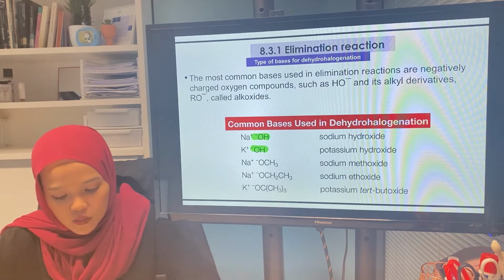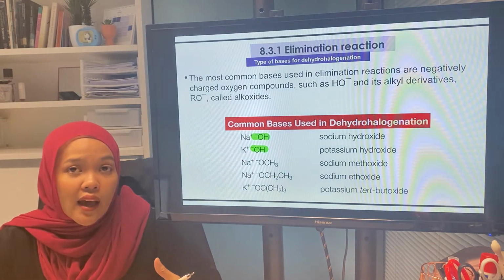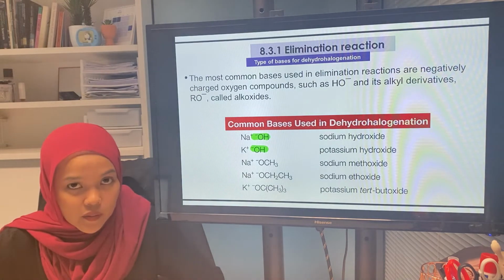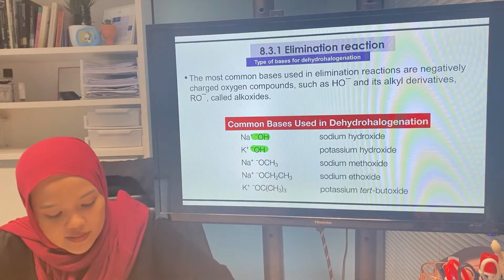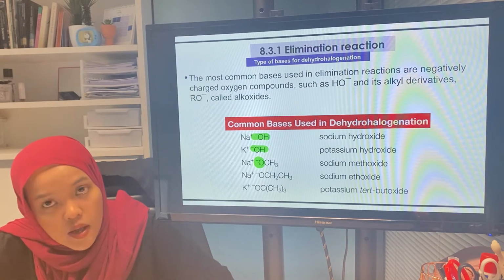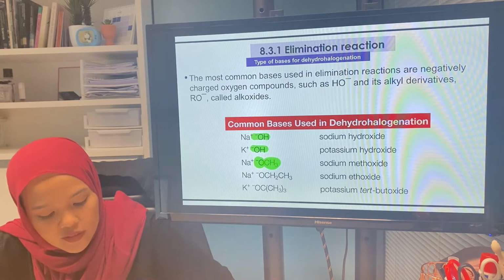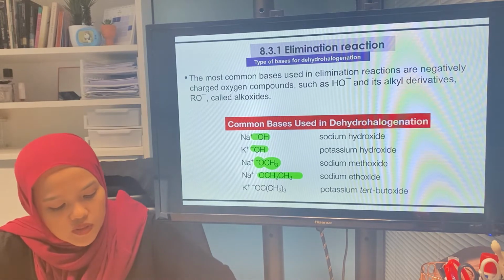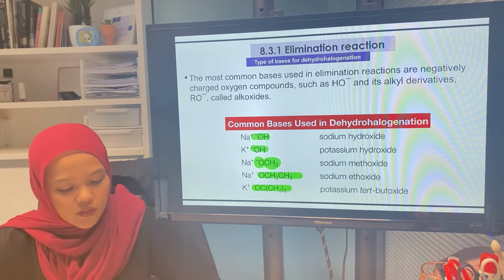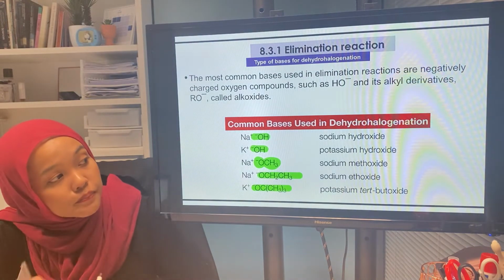Or you can have the alkoxide, the alkyl derivative. For example, it is still O, but it is attached to the alkyl group. So OCH3, OCH2CH3, OC(CH3)3.